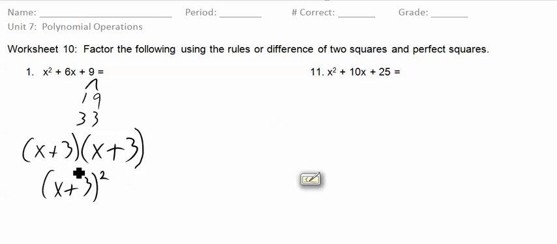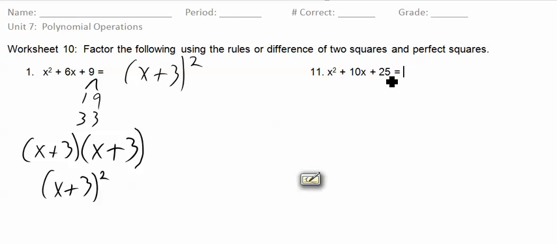So the way we notice is if we take the square root of 9, square root of 9 is 3, and if we double that and it equals that number right there, then we can just skip all of this and go to right here. If it is, then you just go x plus 3, you take the square root of that, and then you square the whole thing.